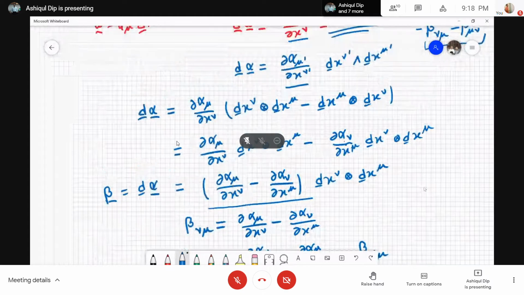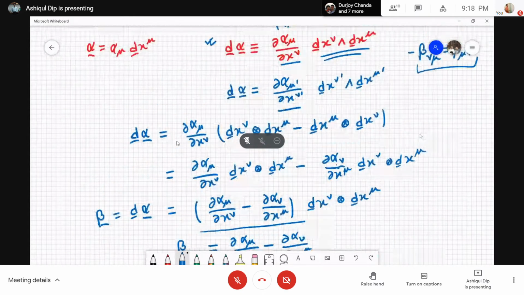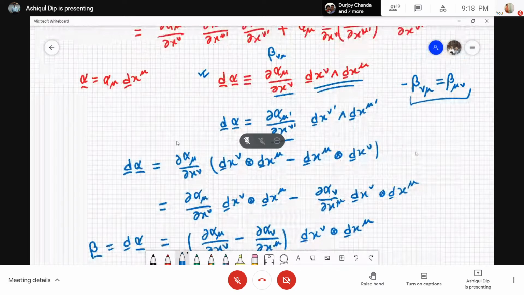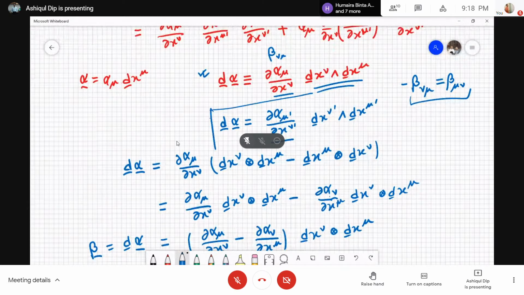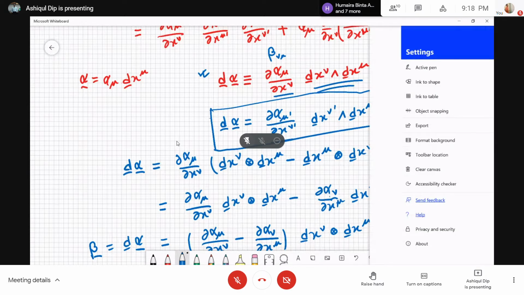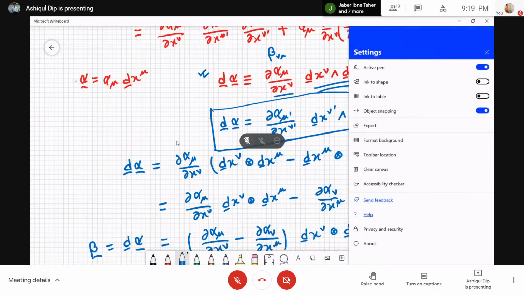Remember, the definition we did is dA is like this, right? That's the definition for the exterior derivative for a one form.